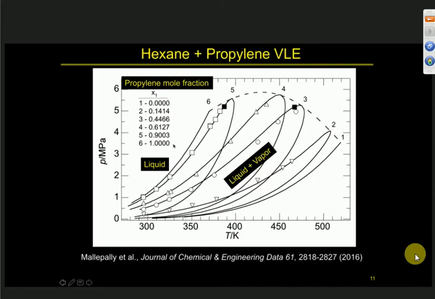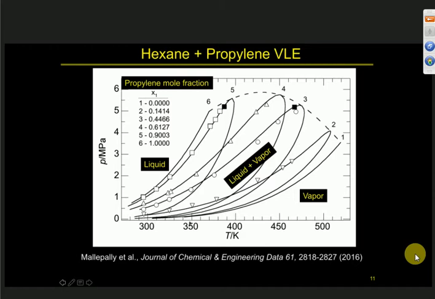So inside of each loop is liquid plus vapor, on the left side is the liquid phase, and on the down right side is the vapor phase. But for a pure component, you have only two, the liquid and vapor. So here, what is this curve? We know these are all bubble points.